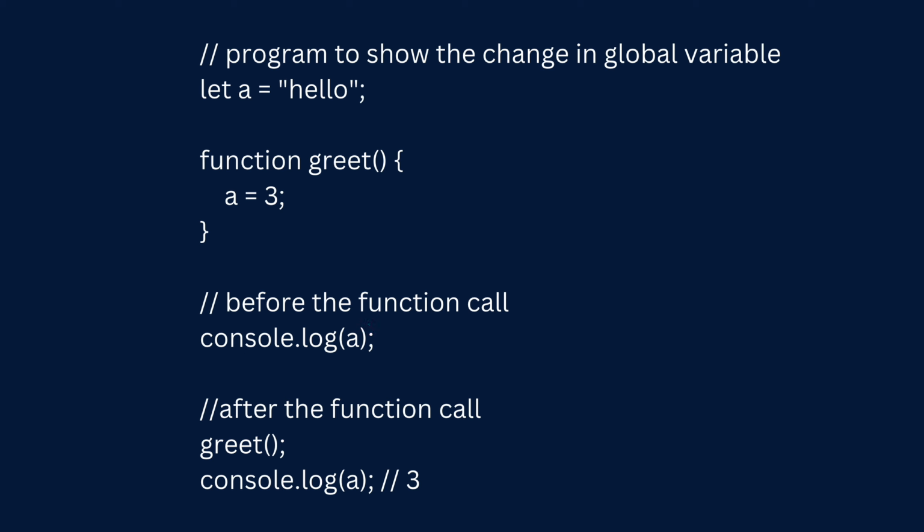Now see another example. Let a equal to hello, function greet, a equal to 3. Now suppose you want to print console.log a. What will this print? A equal to hello or equal to 3?